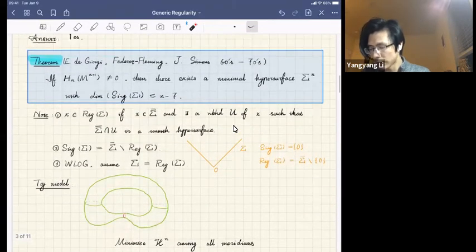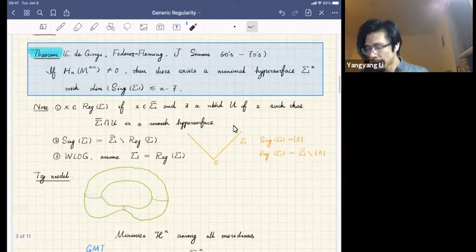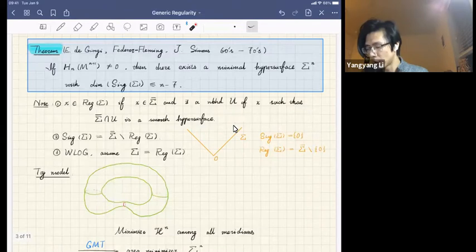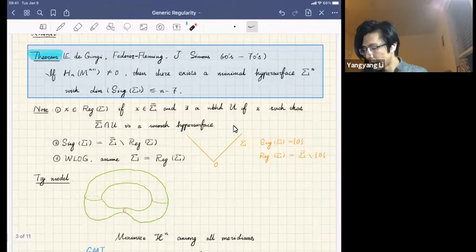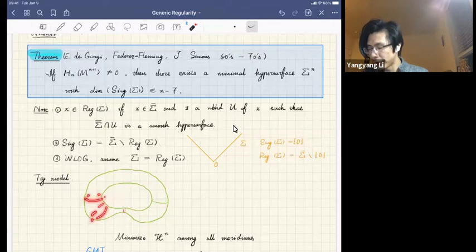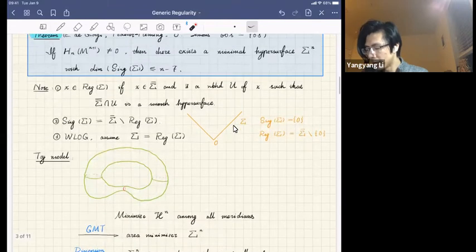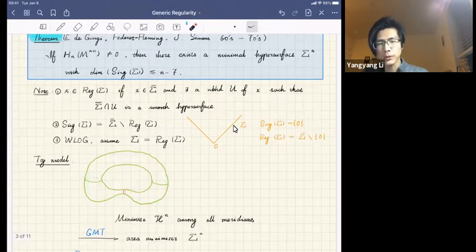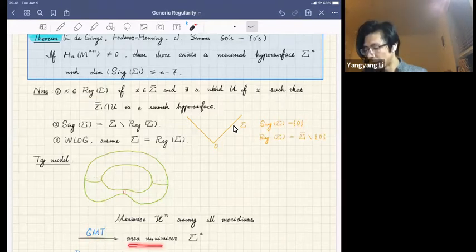So the toy model of this theorem is the following. Let's consider a torus, then we can minimize the volume H^n among all the meridians, right? So we can have infinitely many different meridians, but if we try to minimize it, then by geometric measure theory, we can show that there exists an area minimizer denoted by sigma.